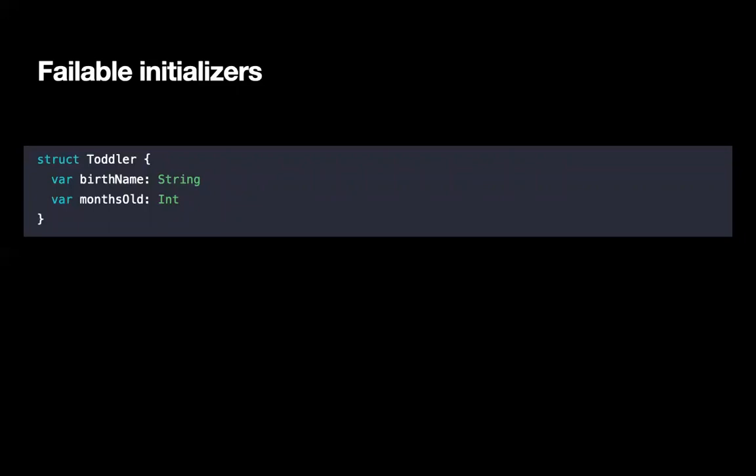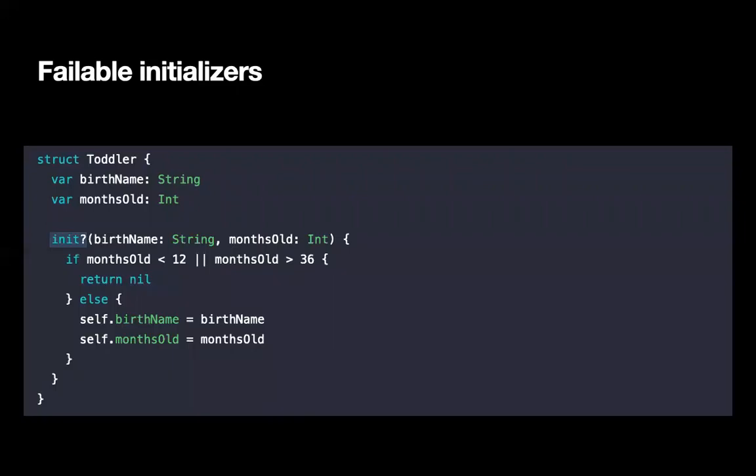To provide this flexibility, you can use the init? or optional initializer to define the failable initializer. So here you can use init?(birthName: String, monthsOld: Int).